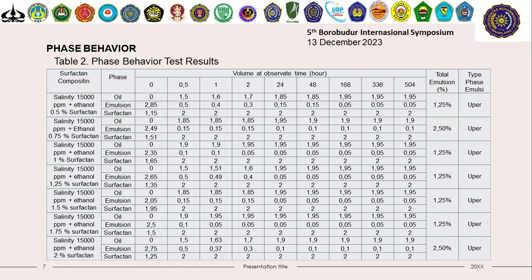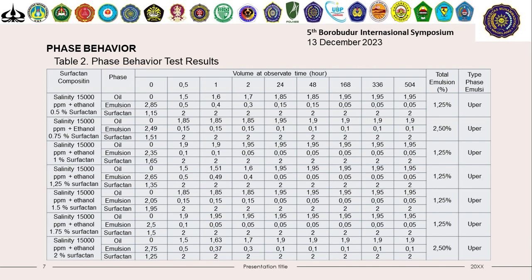The result of observation of phase change for 3 weeks is specified in table 2. In this table, it can be seen that at each concentration variation, the surfactant formed an upper phase emulsion.